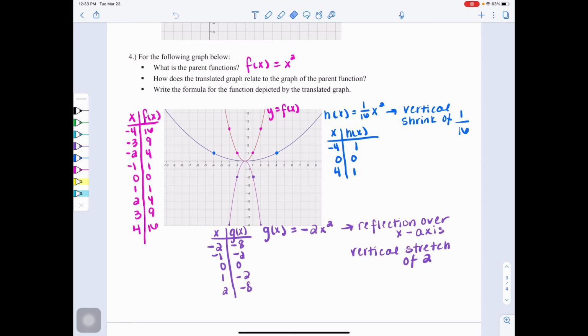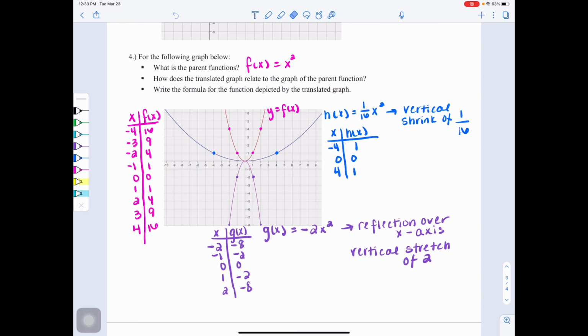When we look at the purple upside down arc compared to our pink y equals f of x parent function, again comparing the tables of values and noticing that it looks like it has been flipped upside down. When I look at my table values, an input of 2 had an output of 4 originally.